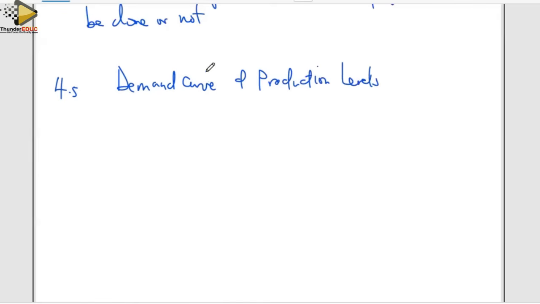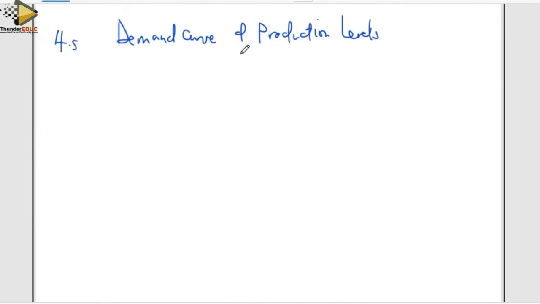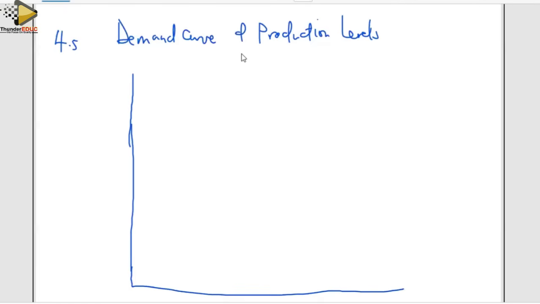Right, I'm going to make use of the demand curve so that we can explain whatever we want to illustrate there. Unfortunately, my axis line is not very straight. Then also indicate our demand curve.